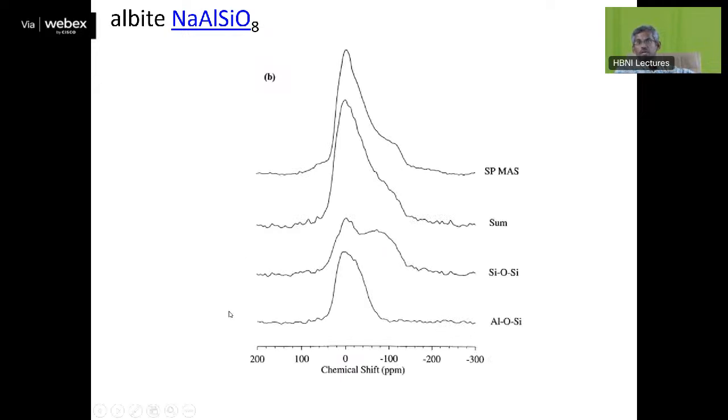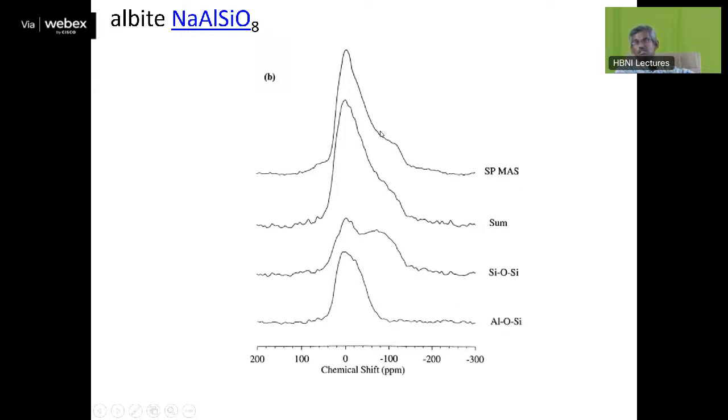It is very difficult to distinguish between Si-O-Si and Al-O-Si in oxygen-17 NMR. Of course, there is a feature seen. If you record an oxygen-17 NMR of an aluminosilicate, you get a broad peak like this. This broad peak is because of two types of bridging oxygen: one is Si-O-Si and another is Si-O-Al.